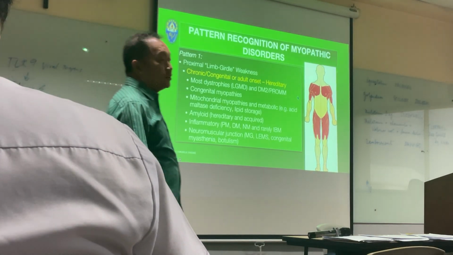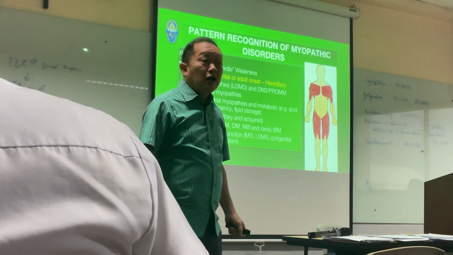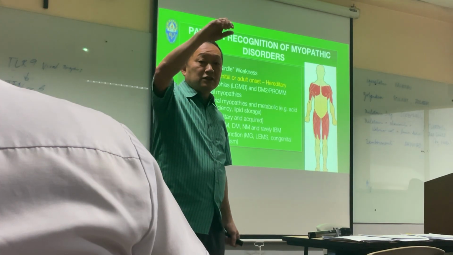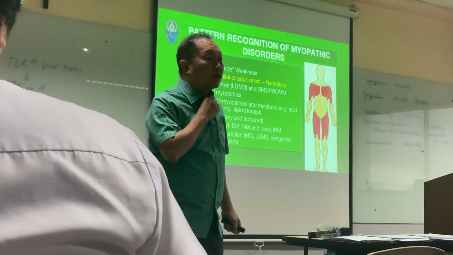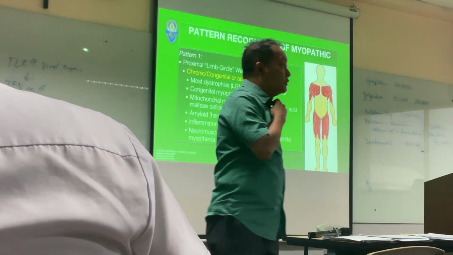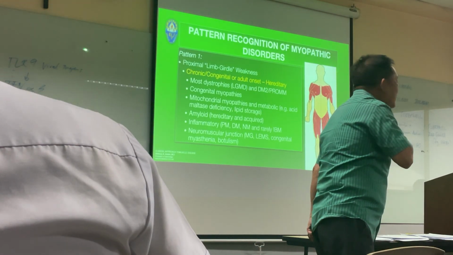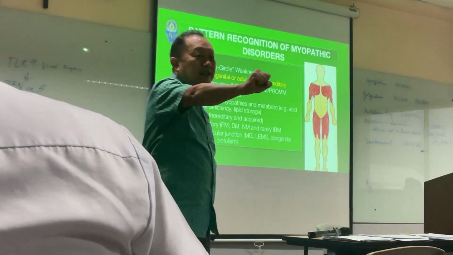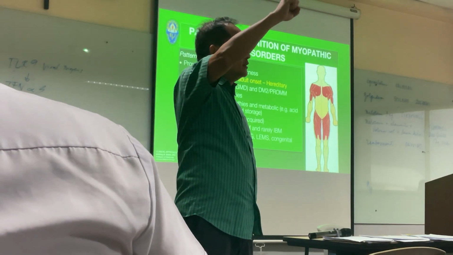So, manifestation. The earliest manifestation of proximal muscle weakness is inability to raise the hands over your head. But they can do the buttoning and unbuttoning of your clothes. Okay, clear. They can do that. That means the distal are strong, but the proximal are weak. No?